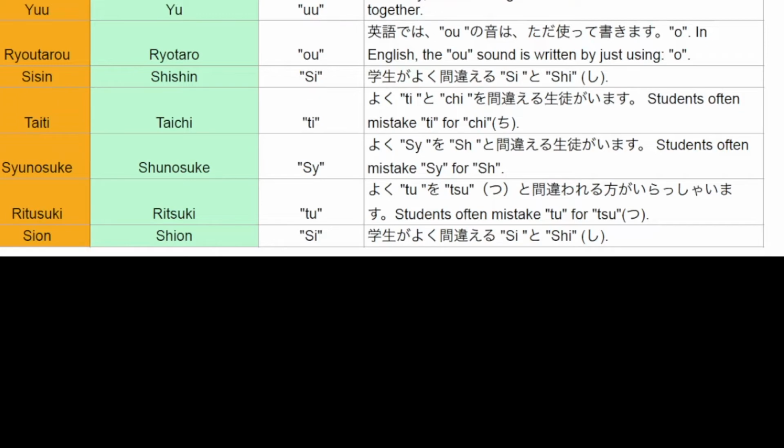For the last three, please look at the other examples that we have already gone over. It will explain the reasons why Ritsuki and Shion are spelt in English the way you see them on this chart.